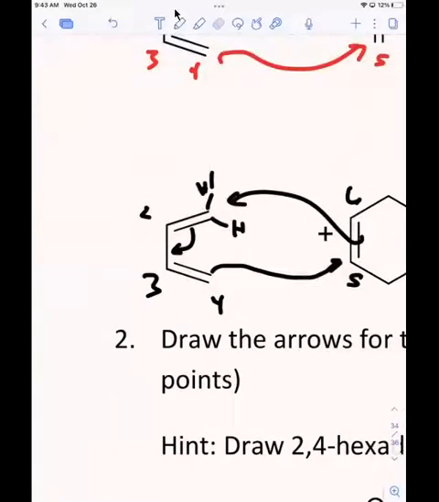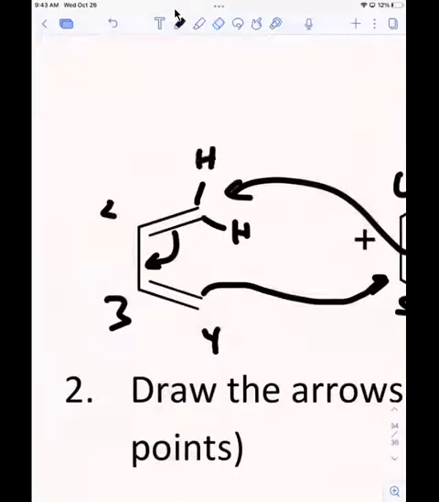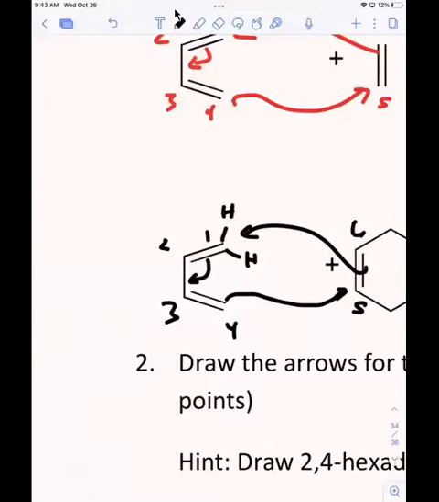If it had 2 hydrogens on it already, and I made a bond with carbon 6, and I don't move the pi bond, how many bonds would carbon 1 have to it? 1, 2, 3, 4, 5. Is that legal? Does that ever happen? No. Never happens. So that's why you shift the pi bond, because you can't have 5 bonds to carbon 1.